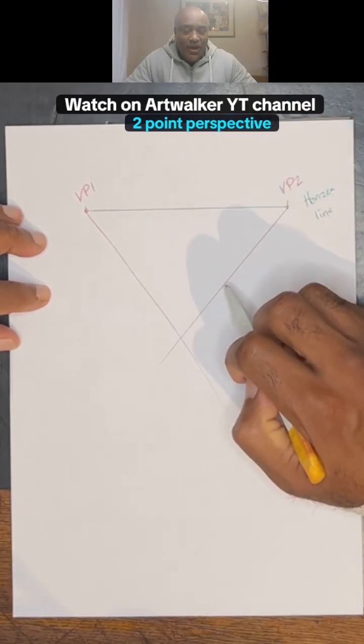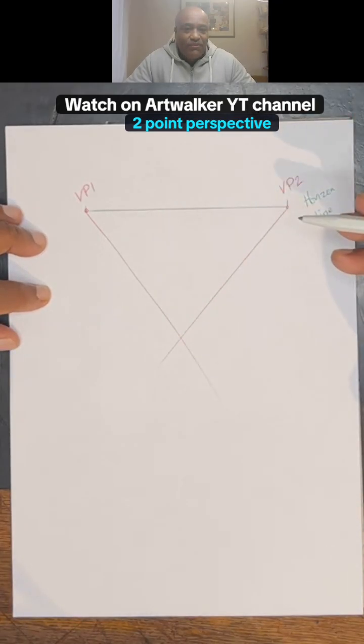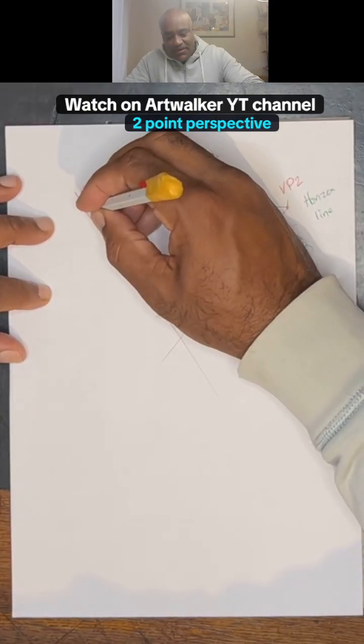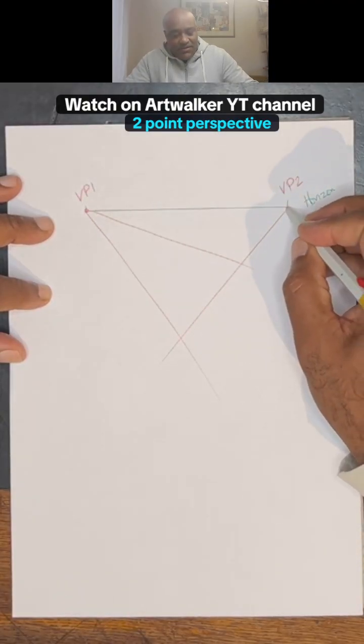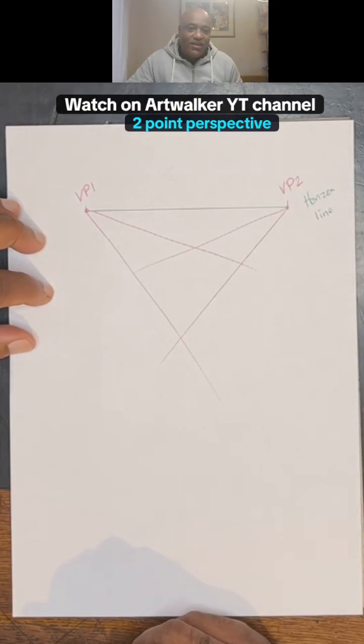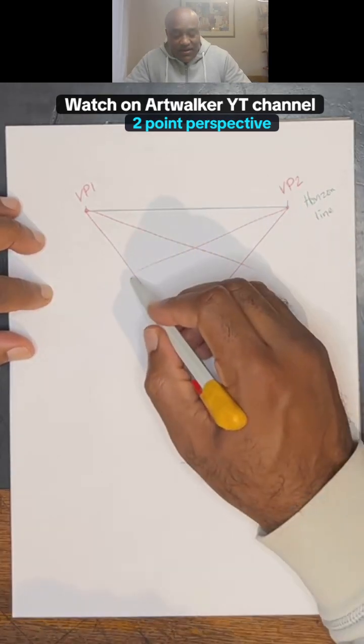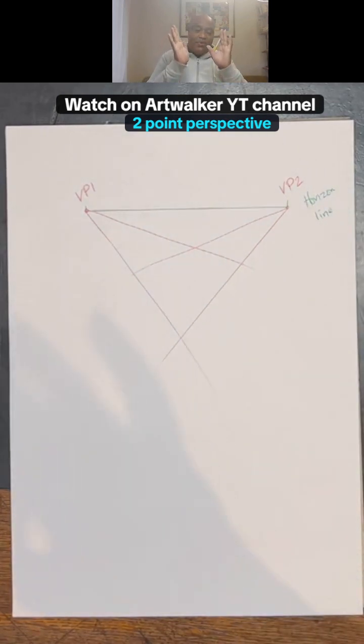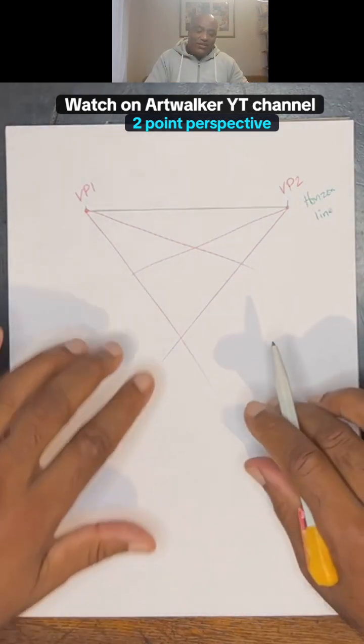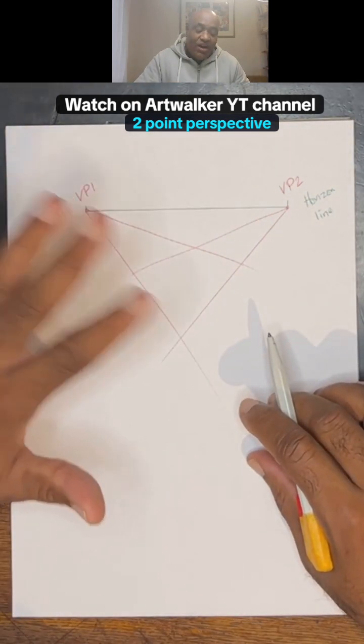So where do I draw from? Same as the bottom. VPs, that's exactly what I do. VPs. See, now we've got a surface. We've got a box here. You see that? And as the box goes away, imagine that's a carpet.